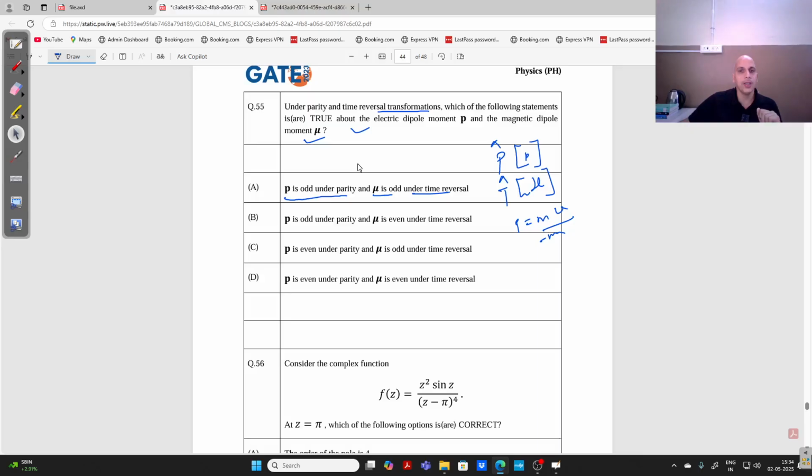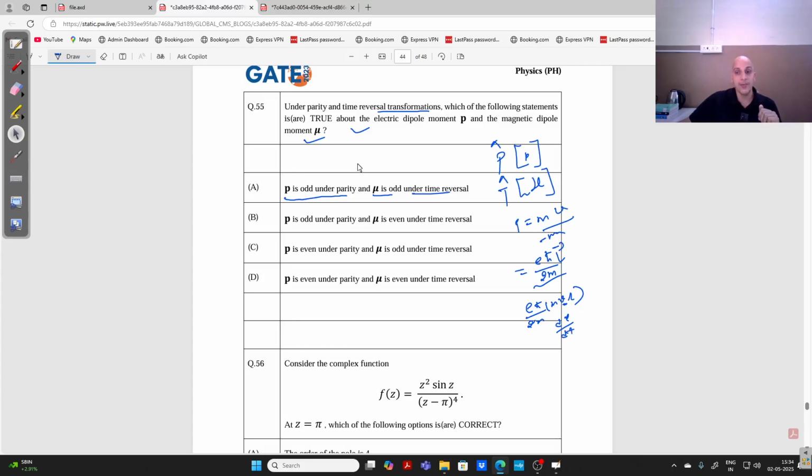Now what about the magnetic dipole moment? We usually express it as e h-cut upon 2m into the angular momentum L or S. Now here, this is angular momentum L, where L is equal to r cross p. I can write e h-cut upon 2m into m v r, and v is again dx upon dt or dr upon dt.